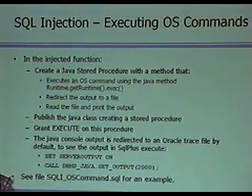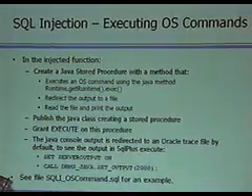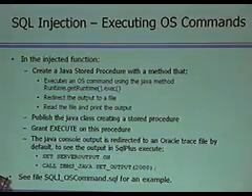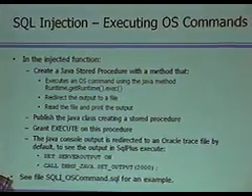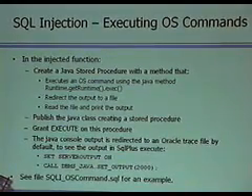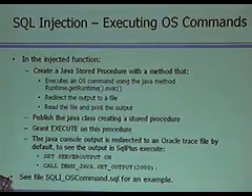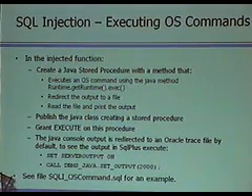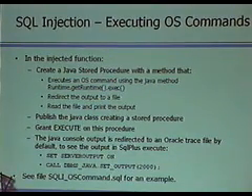So now we will see an example of an exploit to execute operating system commands. To do this, we create the Java stored procedure that calls the getRuntime().exec Java function, redirects the output to a file, and then reads the file and prints it to the output. So we will get the output of the command.